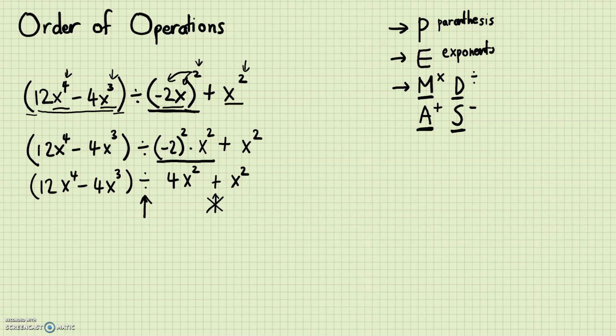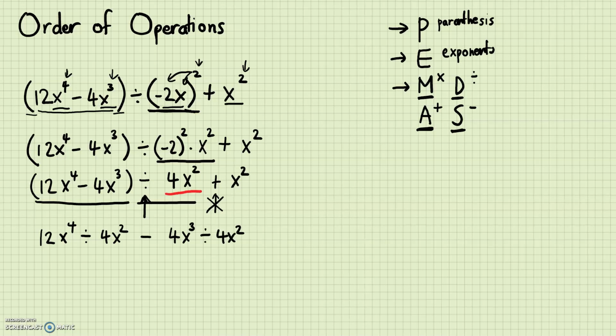Do the division problem. So using the distributive law, we get 12x to the fourth divided by 4x squared, and then minus 4x to the third divided by 4x squared.